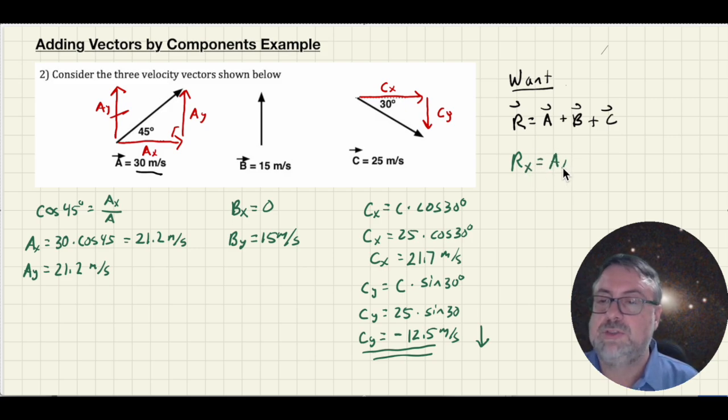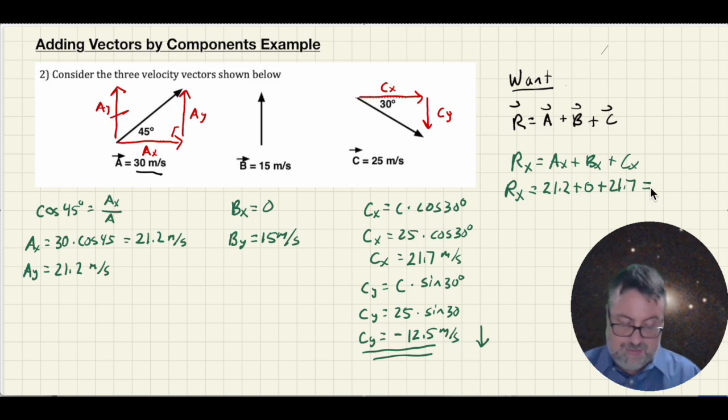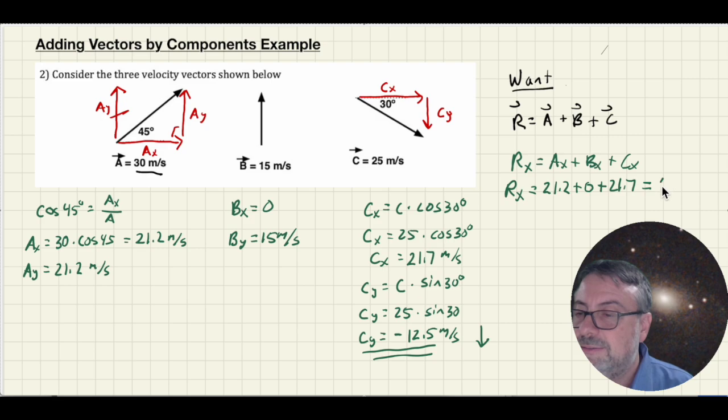So Rx will be equal to Ax plus Bx plus Cx, or Rx, the x part of my answer, is going to be equal to 21.2 plus 0 plus 21.7. Well, that'll be 42.9.